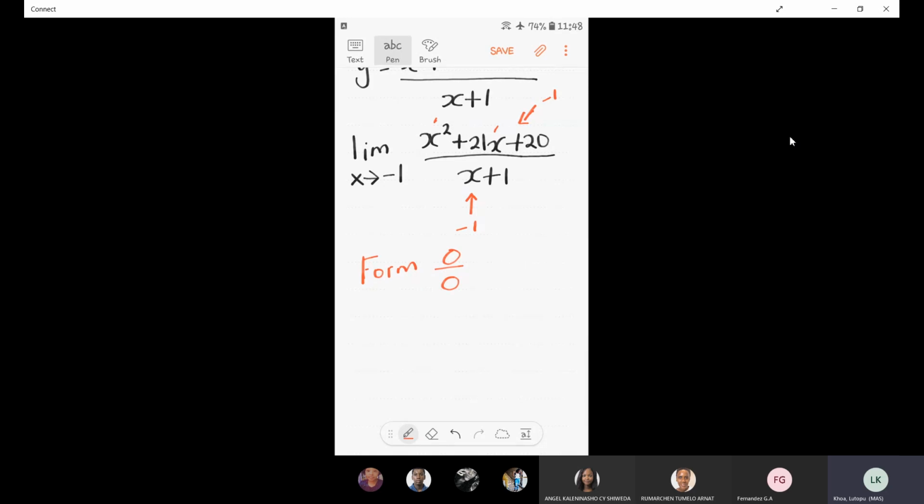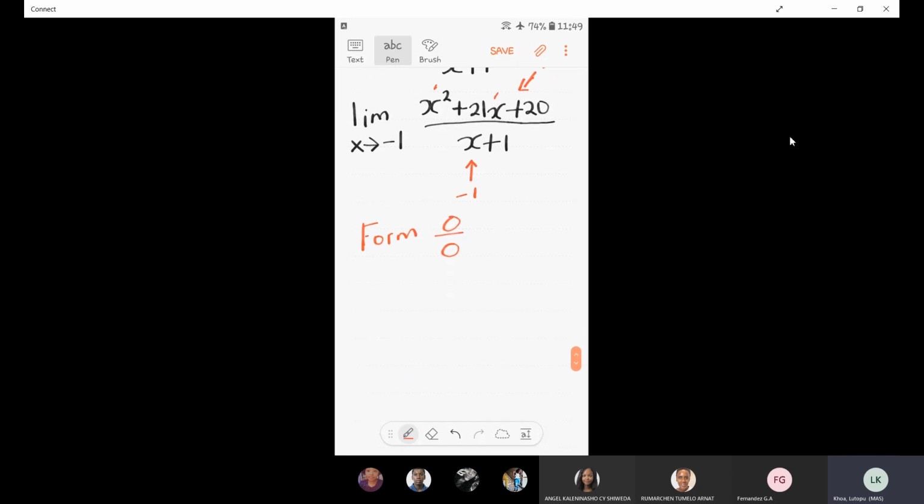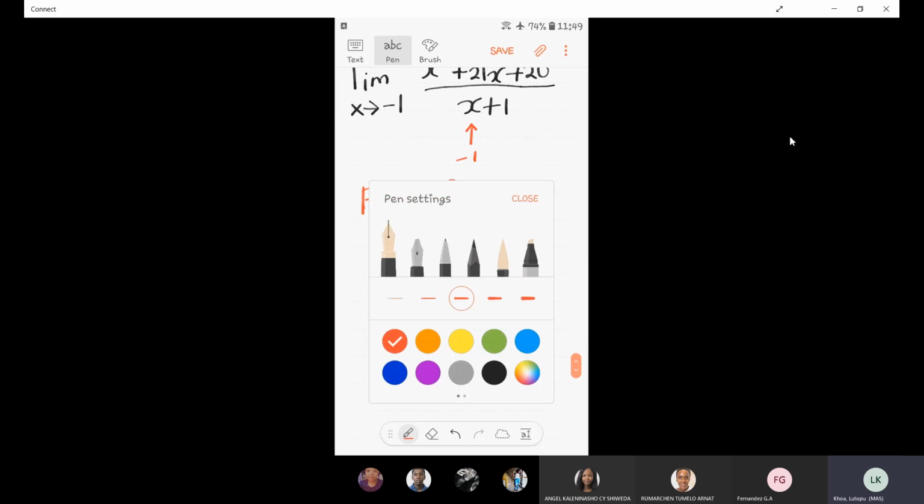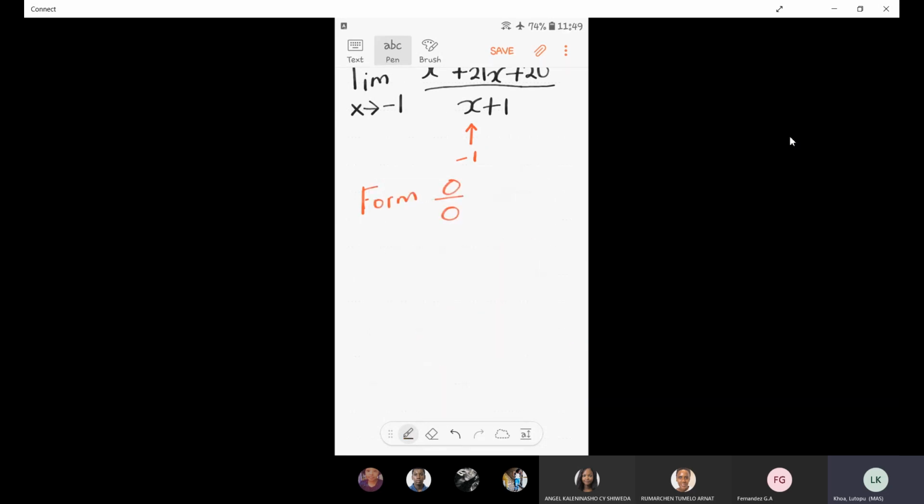One way to work out such questions is by factorizing. So what we can do is factorize. We have the limit as x goes to minus 1 of x squared plus 21x plus 20 over x plus 1.